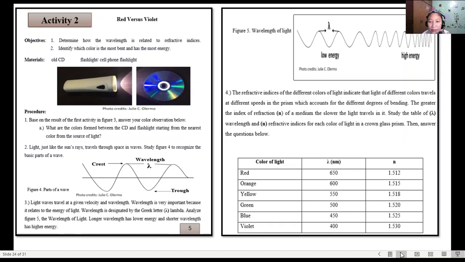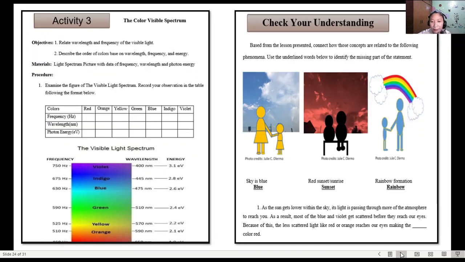If we study the wavelength, it is measured in nanometers: 650 for red, and 400 for violet. So it shows that red has the longest wavelength among the 7 colors of light.